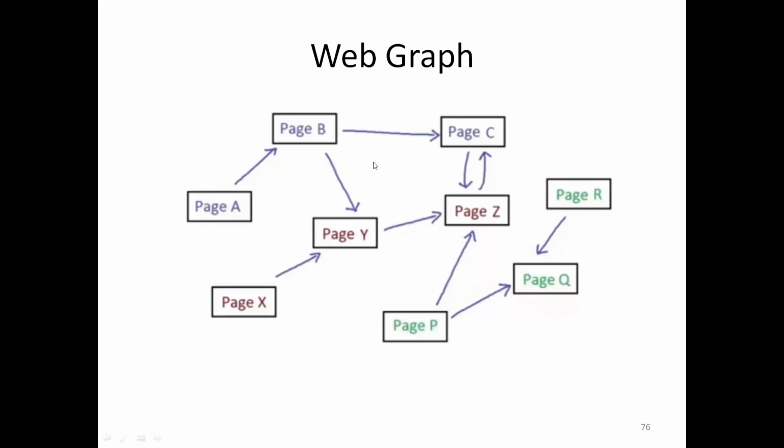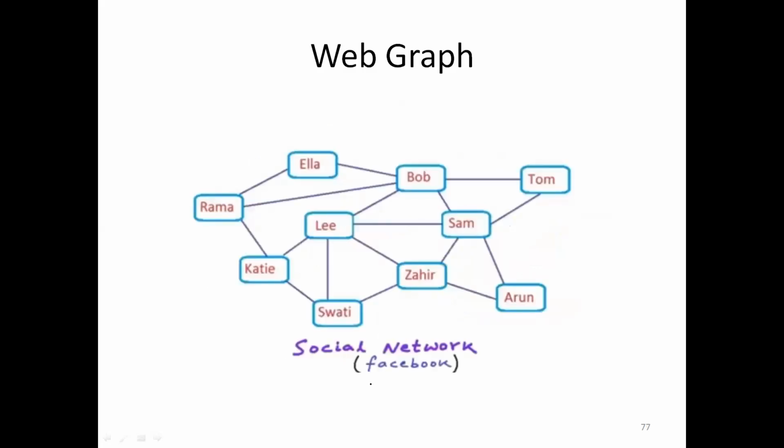Another thing I want to show you is how social networking works, for example Facebook, how the users are connected. We can model them as a graph. If I want to find a friend of Ella, Ella has only one friend, Bob.